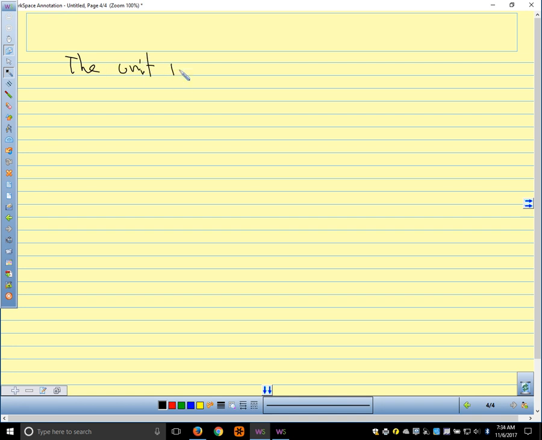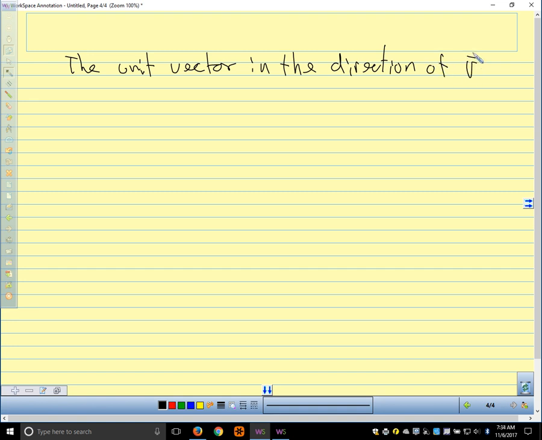The unit vector in the direction of v. So if v does not have unit length, then a unit vector in the direction of v is v over the magnitude of v. We're just dividing out its magnitude.